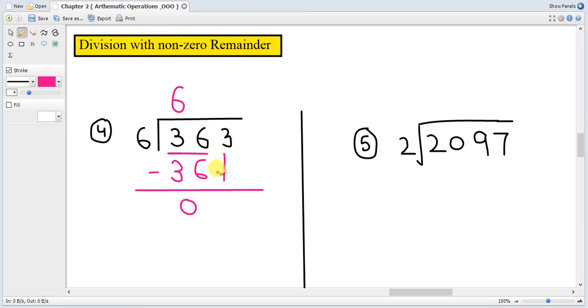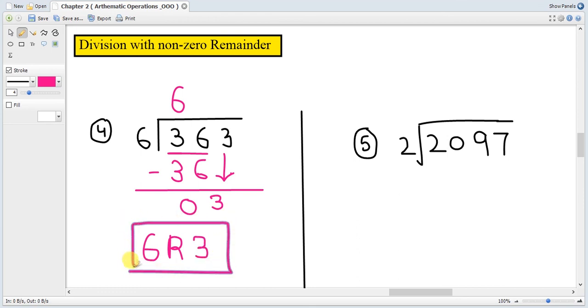Now shift the next digit as it is down, which is 3. Now since this 3 is smaller than 6, we cannot divide it, so this 3 will be our remainder. Leave this 3 as it is. So our answer would become 6 is our quotient and having remainder 3. So this is our final answer, right?